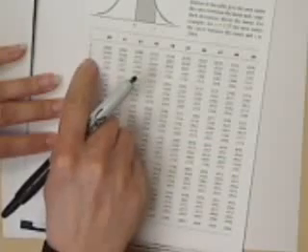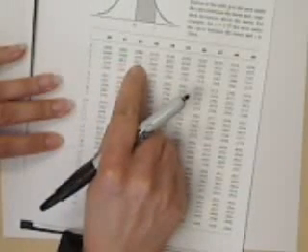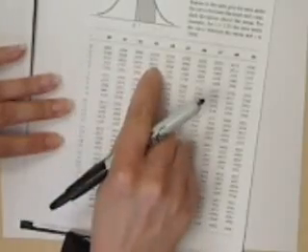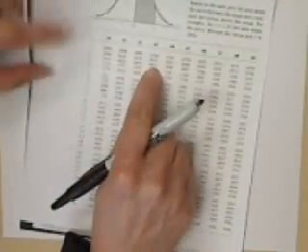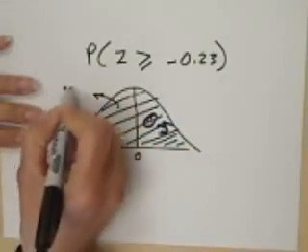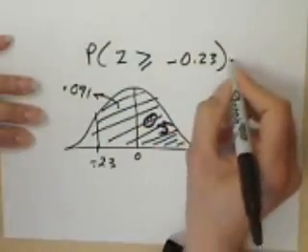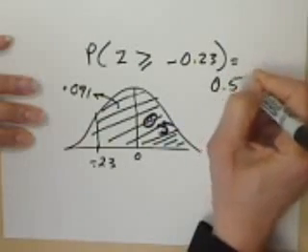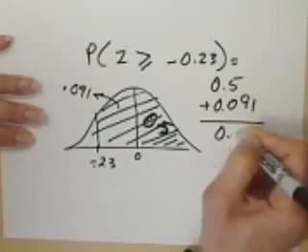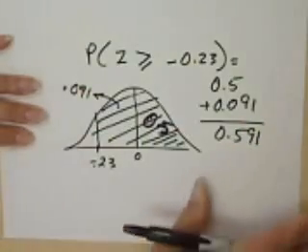I go to the table and I look up z of 0.23. I get 0.091. So I know this area is 0.091. So this answer will have to be 0.5 plus 0.091 or 0.591. And that's that.